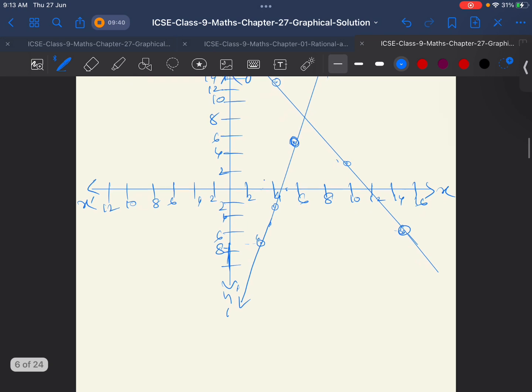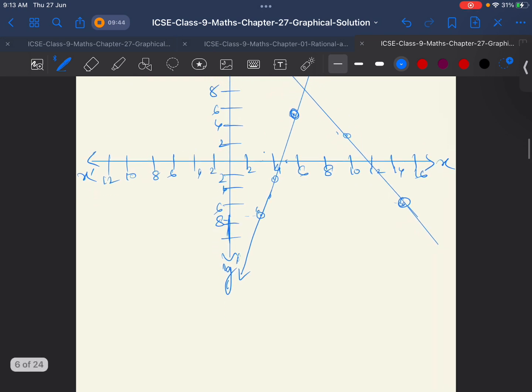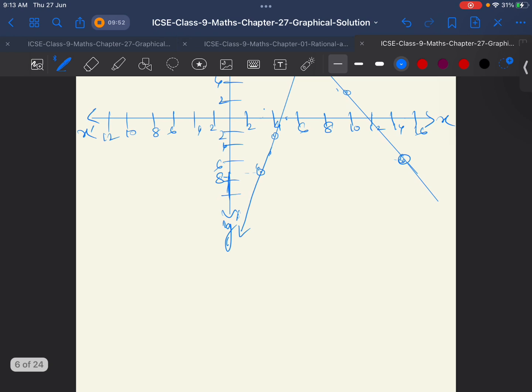So the point of intersection is, so this is the line 2x plus y equals 23, and this is the line 4x minus y equals 19. So now we solve equations 1 and 2, then we get the point of intersection.